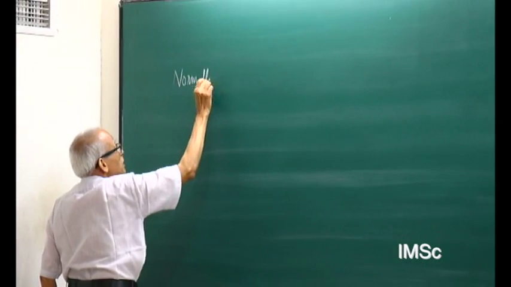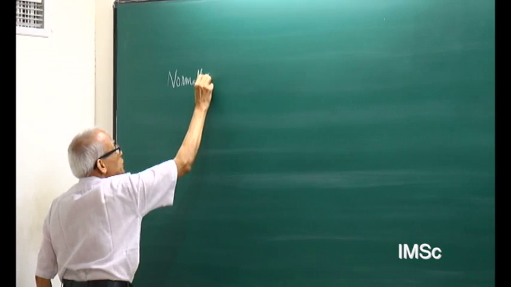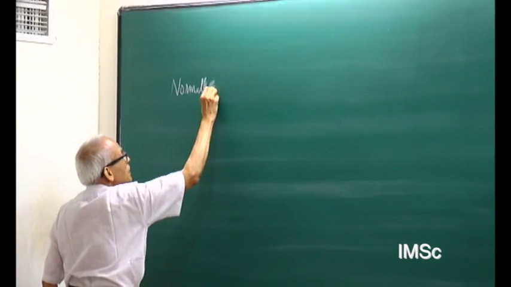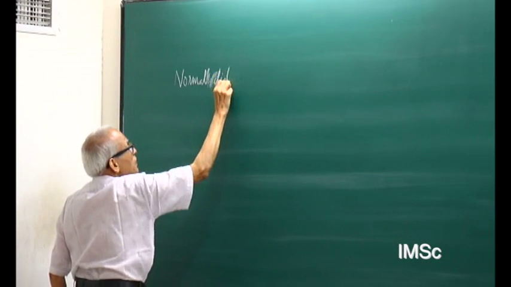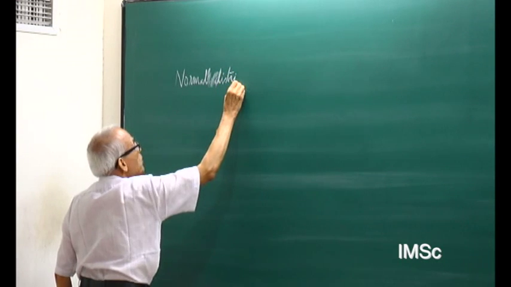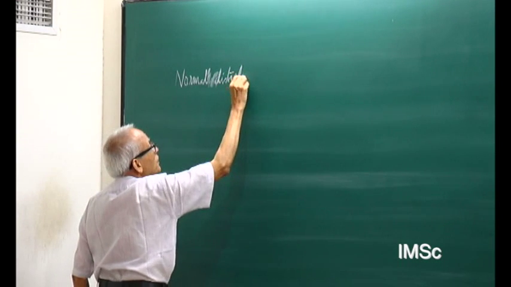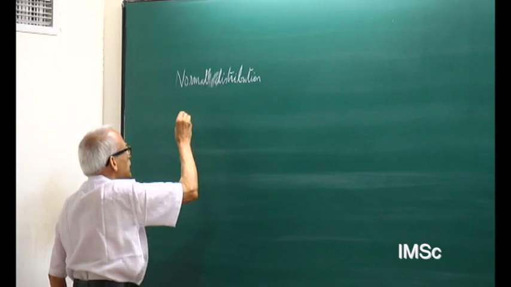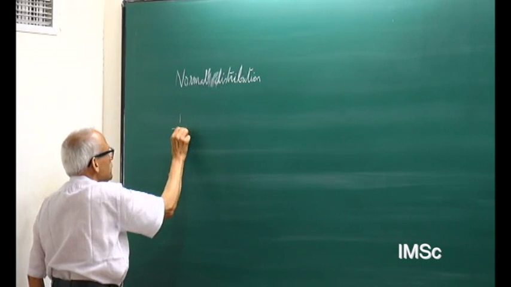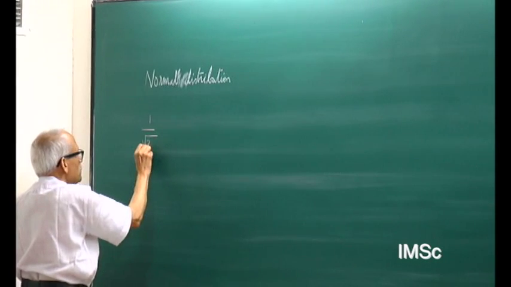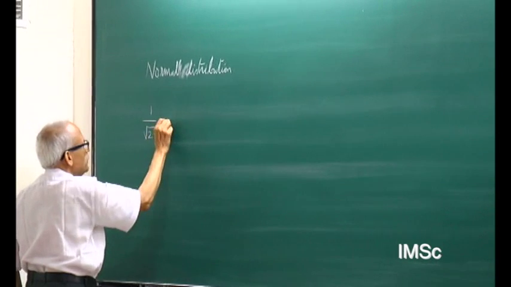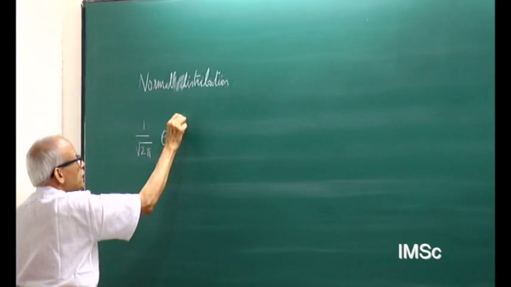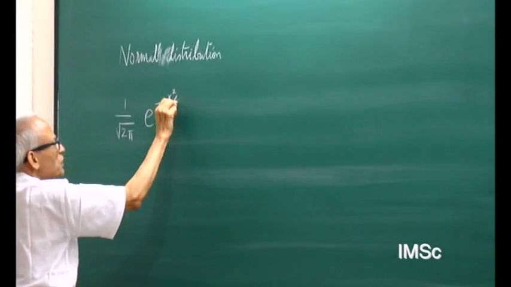This is the first continuous distribution which any statistician or probabilist comes across. The normal distribution is a probability density defined on the real line, given by 1 by root 2 pi e to the power minus x squared over 2.